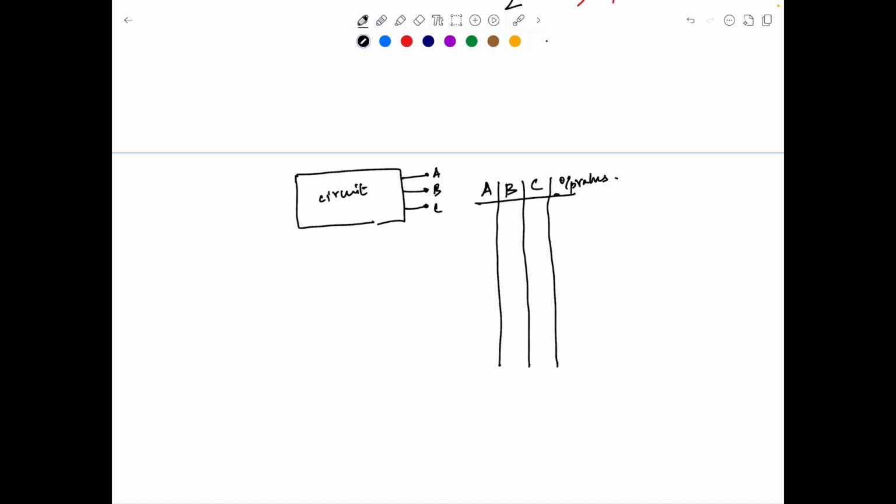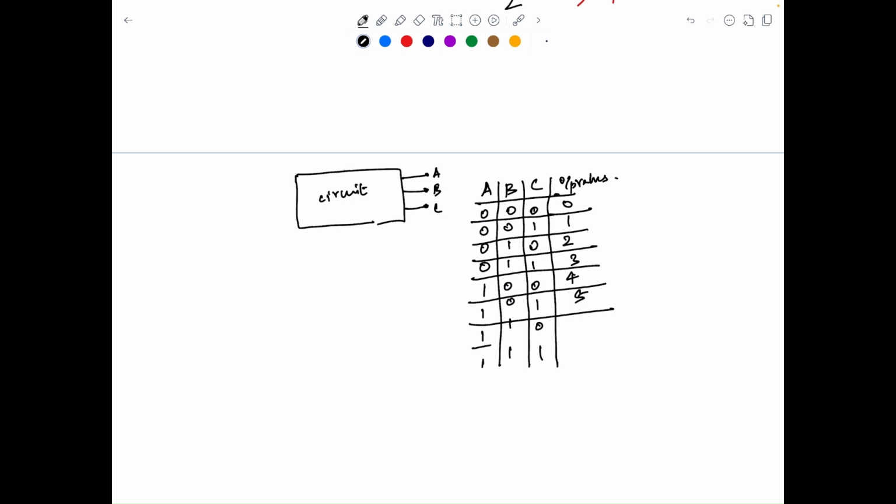So in this case, we'll have 0, 0, 0, 1, 1, 1, 1, 0, 0, 1, 1, 0, 0, 1, 1, 0, 1, 0, 1, 0, 1, 0, 1, right? So the value here, this is 0, this is 1, this is 2, this is 3, this is 4, and this one is 5, 6, and 7.